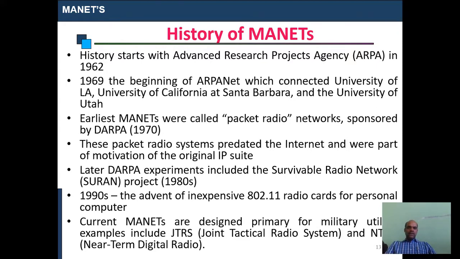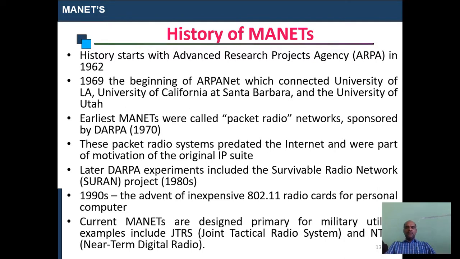Previously, these mobile ad hoc networks were called packet radio networks, sponsored by DARPA, the Defense Advanced Research Projects Agency, in the year 1970. So we will see what packet radio is.